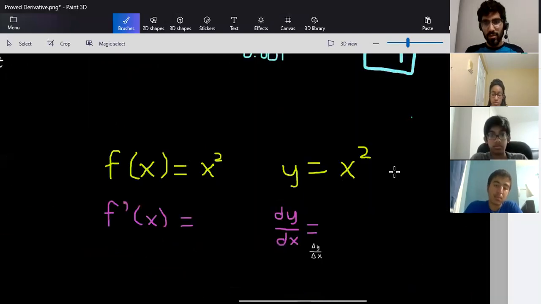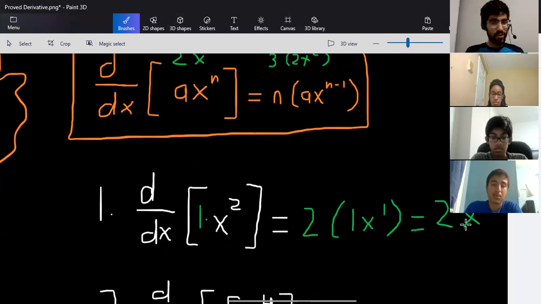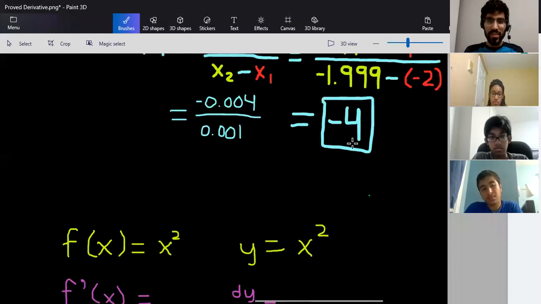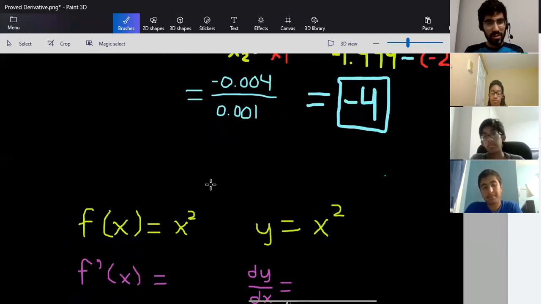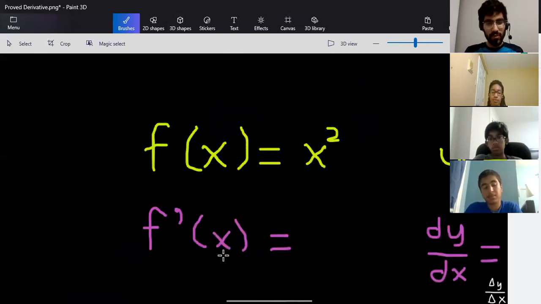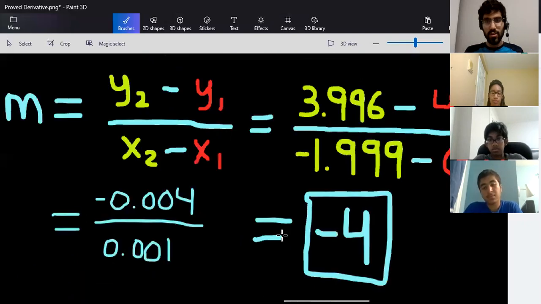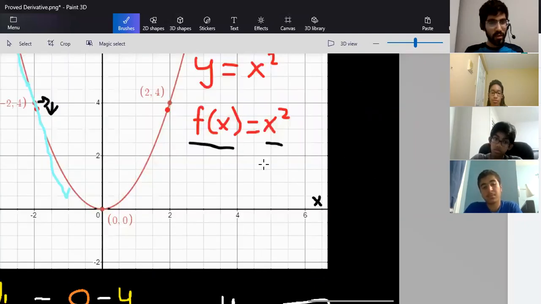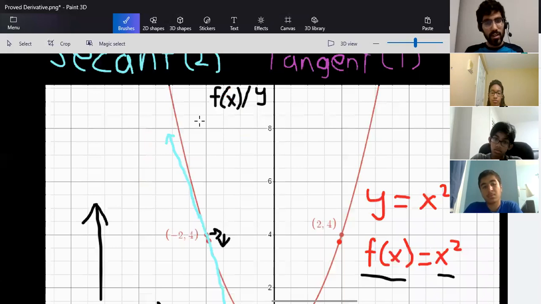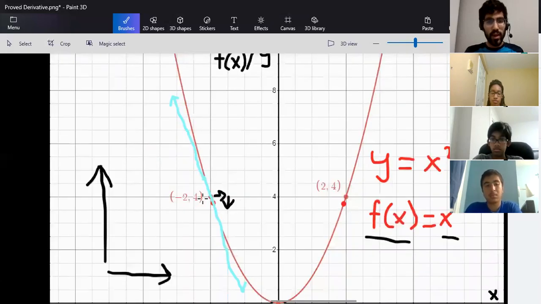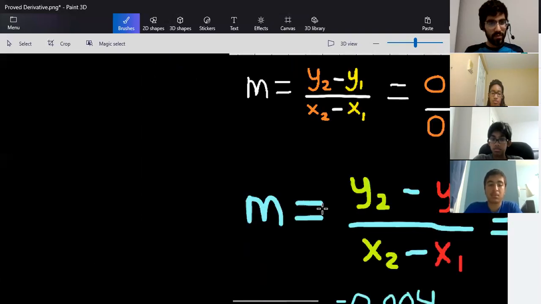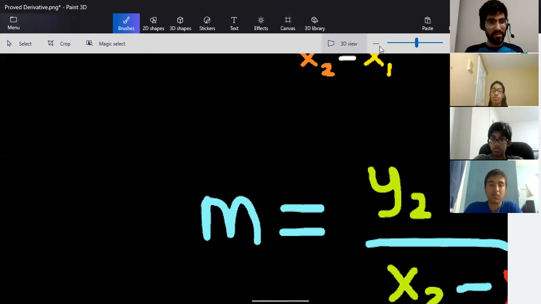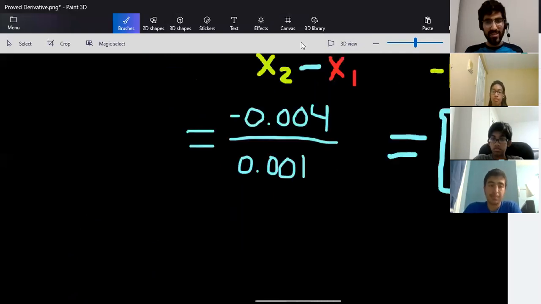And lo and behold, 2 times -2, that is -4. You guys see what this function is doing? It's taking the input that we got on the x-axis. Then, instead of getting the output back, we're getting the slope at that point back. Cool? Yeah? Come on, let's do it one more time.